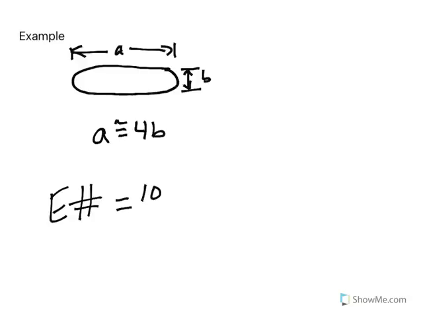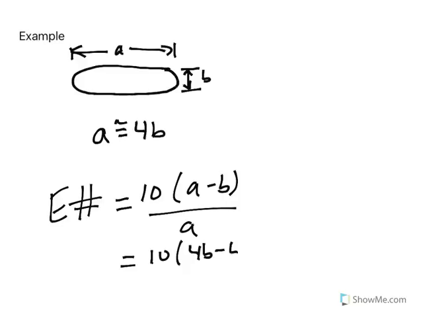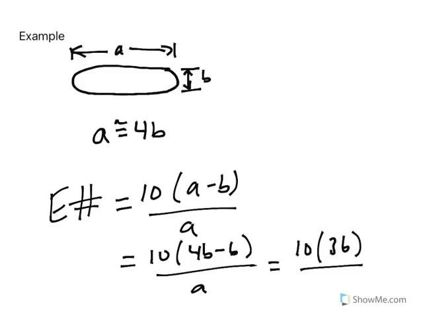Well, let's plug this into our equation. E we know is equal to 10 times (A minus B) divided by A. And so let's carry that down. A is approximately equal to 4B, and we subtract off B and we divide by A. All I did was take 4B and substitute it in for A. So now all we need to do is solve. 10 times (4B minus B) is 3B, and we want to divide this by A, and A is equal to 4B.